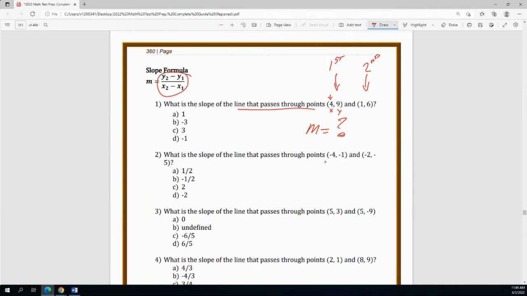Now, because I'm calling this my first point, that x, I'm going to put a little 1 next to it because it reminds me that it's coming from the first point. And the y, I'm going to put a little 1 there too. Look, go back to the slope formula. You see that x and that 1? It's that. Do you see that y and that 1? It's that.